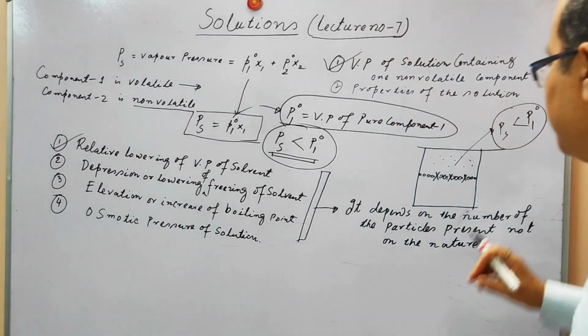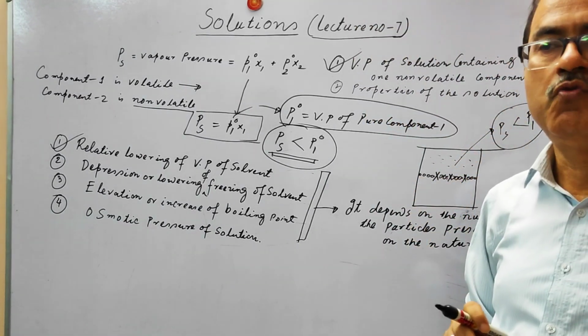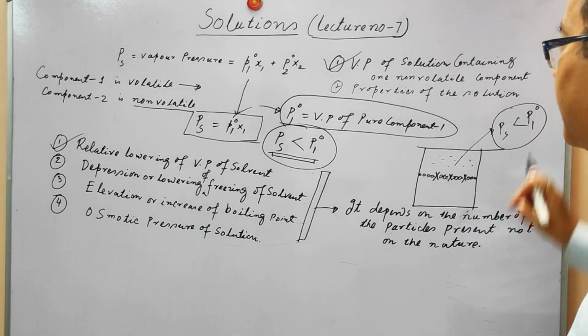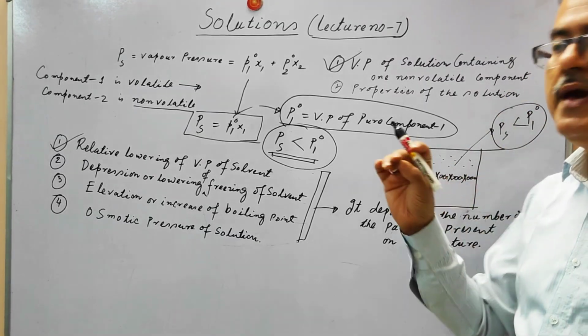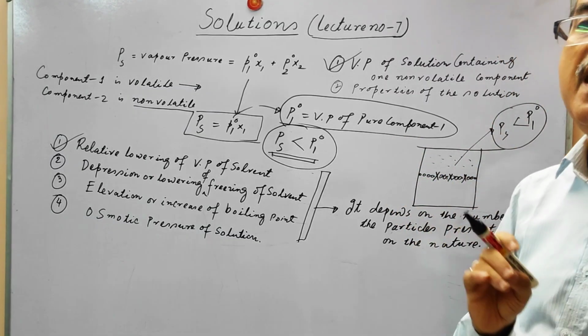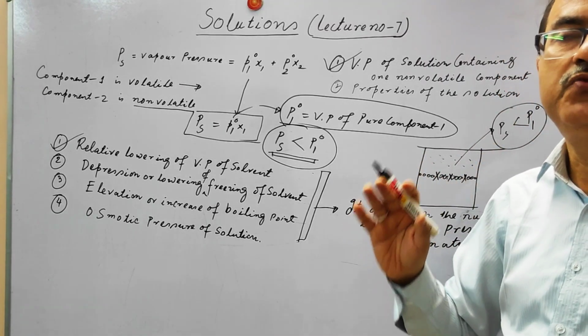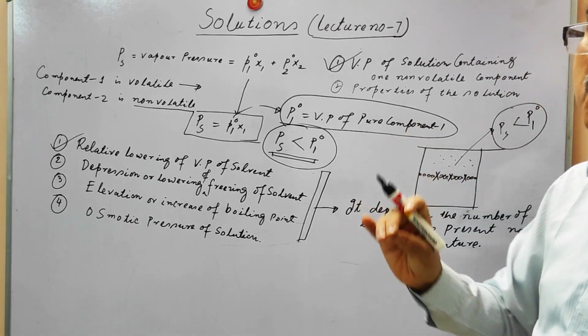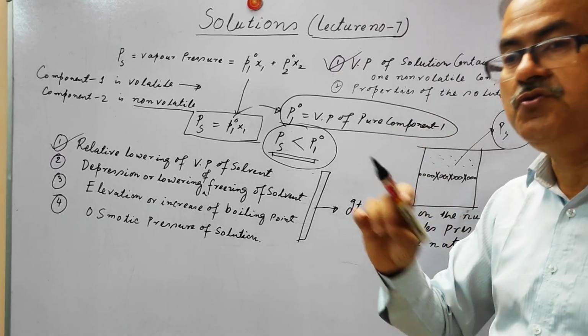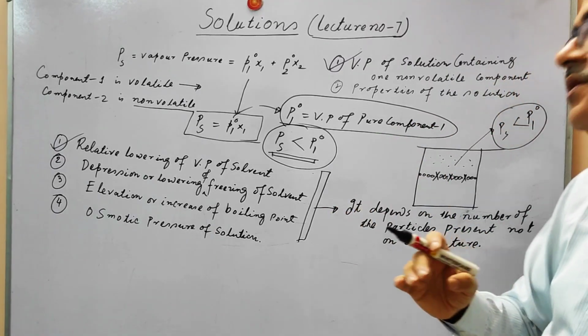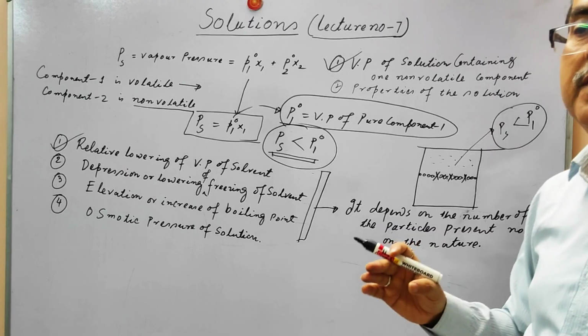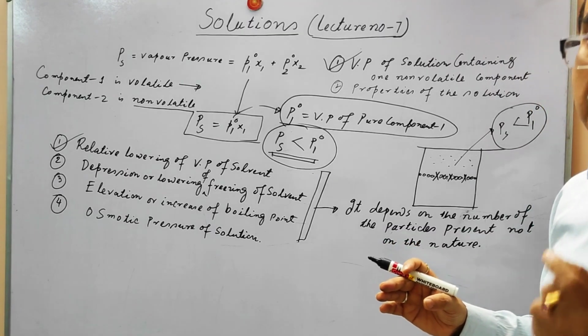Suppose we add 1 mole of glucose, 1 mole of urea, or 1 mole of another non-volatile substance. This effect will be the same. It will not depend on the nature, whether it is glucose or urea or cane sugar. It will not be affected, but by the number of particles.